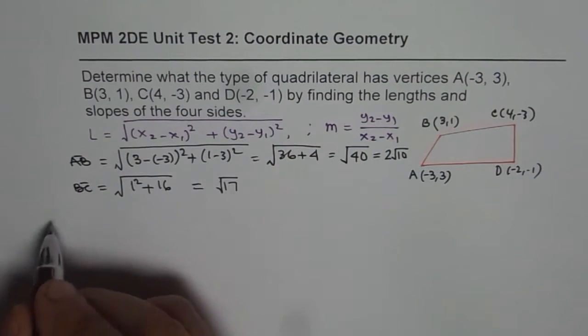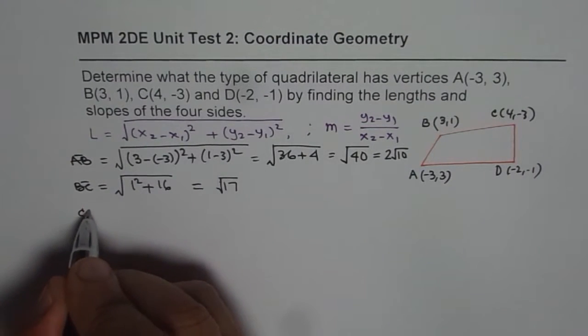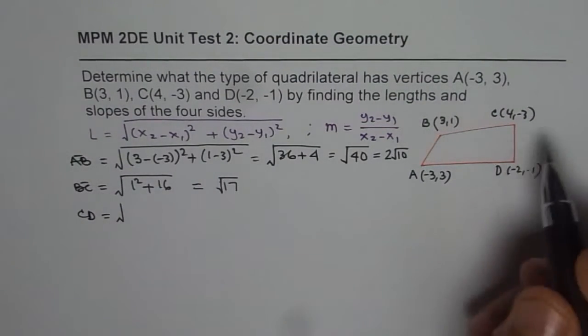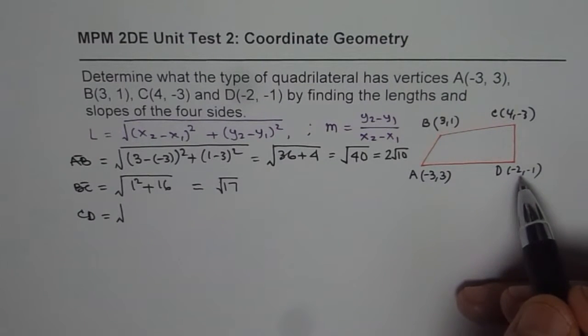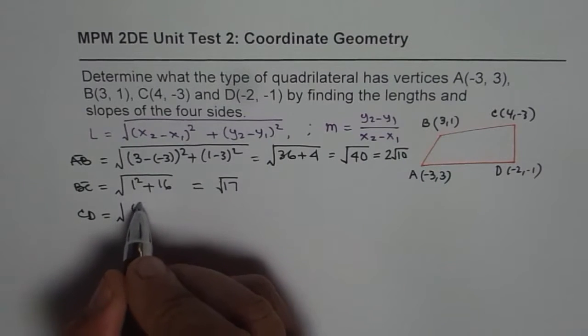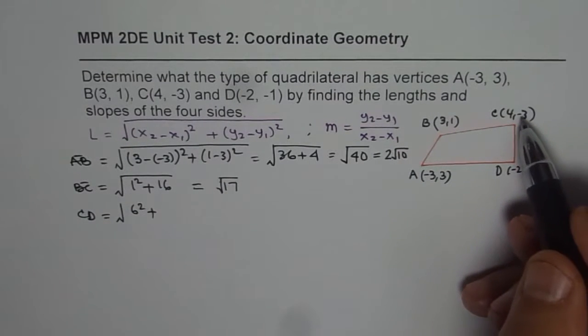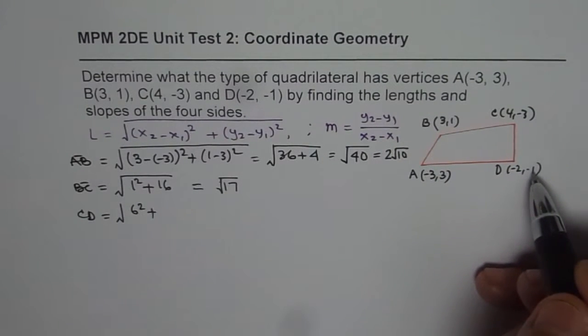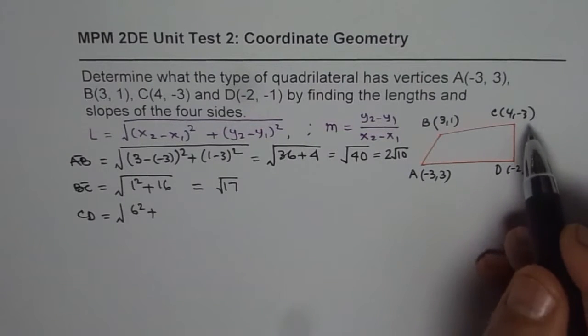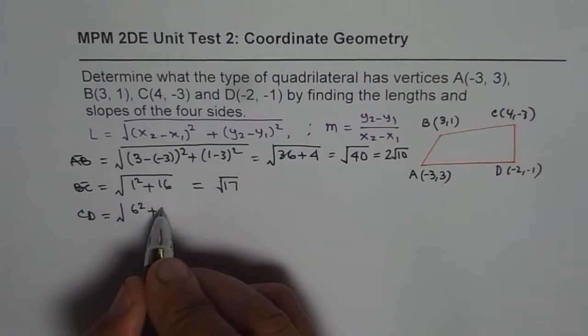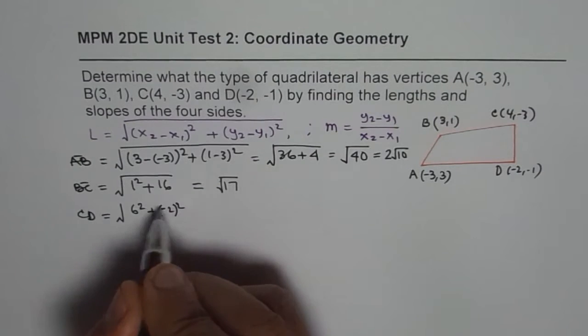Now we can find CD. Length CD is equal to the square root of C to D. We can say 4 minus minus 2, which is 6 squared, plus minus 3 minus of minus 2, that means minus 2 squared.